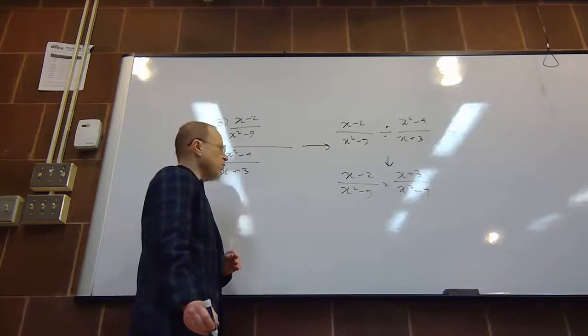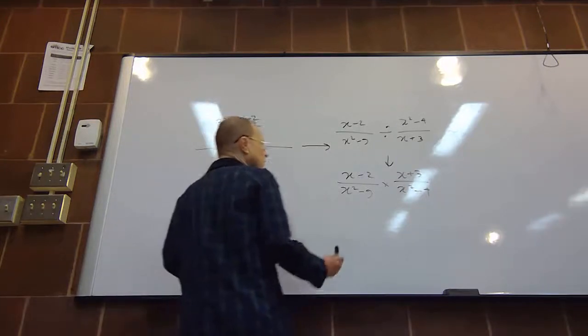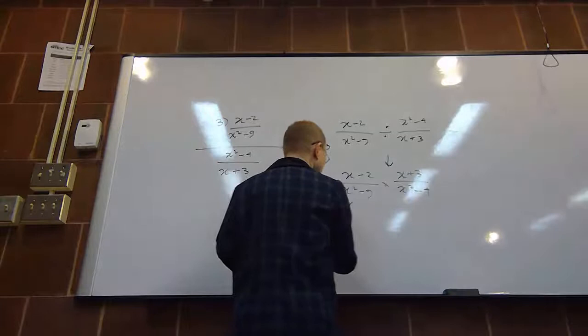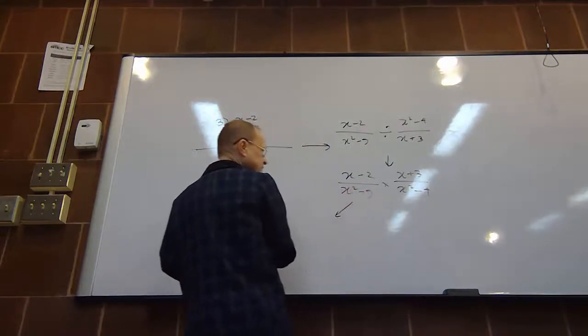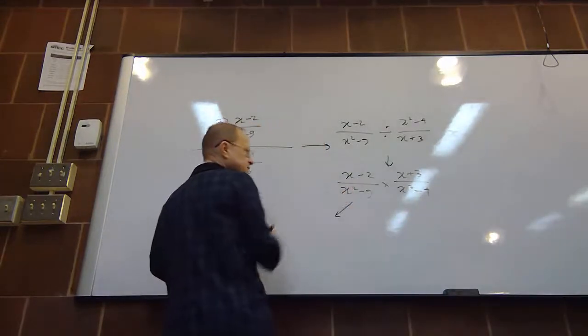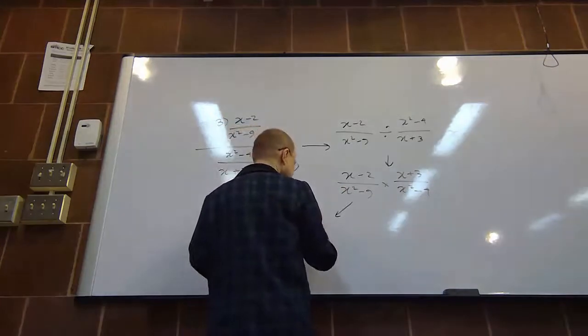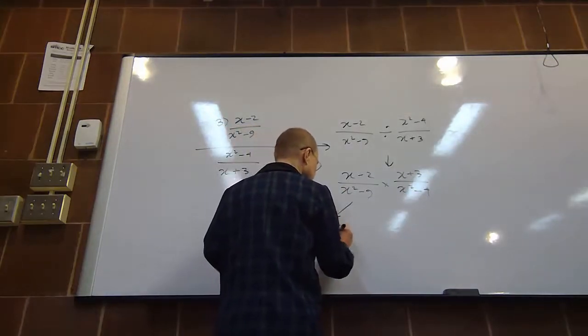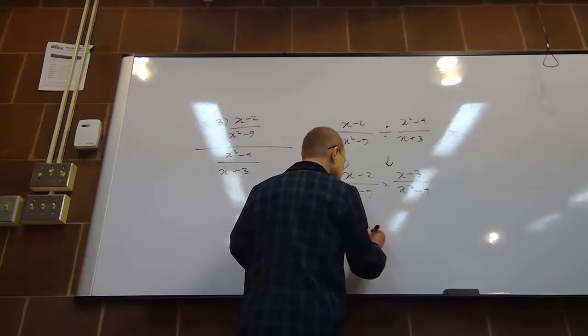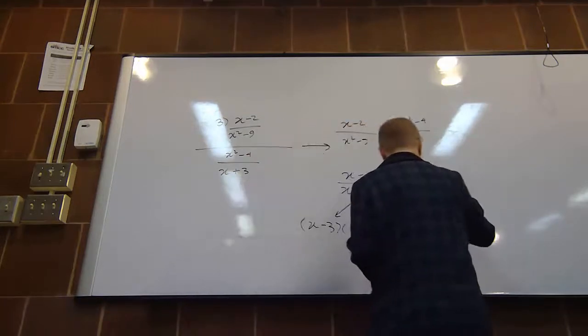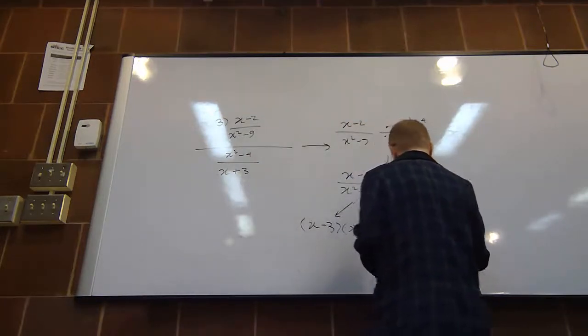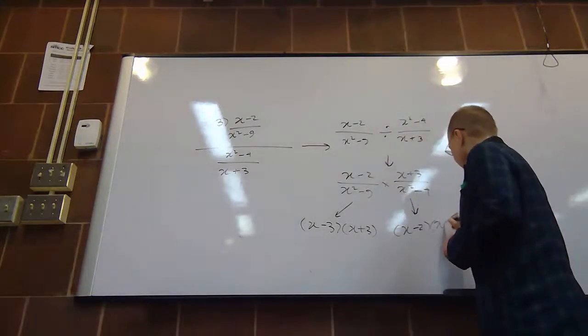So as usual, we have to factor, because note that we can factor this, and this is the difference of two squares. So we have x minus 3, x plus 3, and then of course there is this one, x minus 2, x plus 2.